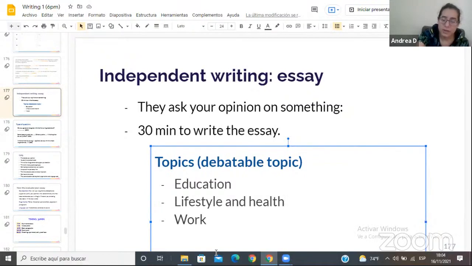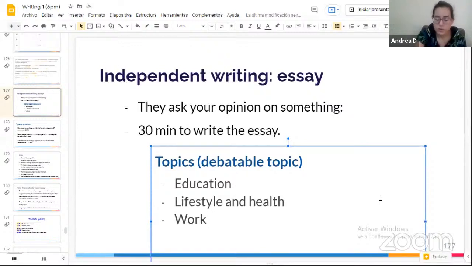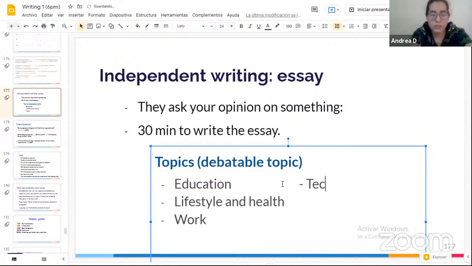And you can also be asked something about work. So it could be whether you prefer to work alone or with somebody else, whether you prefer to work in a company for your whole life or change companies. So it could be academic life, work life, lifestyle and health. And sometimes they also ask you something about technology, like what your opinion is on social media, that kind of thing.